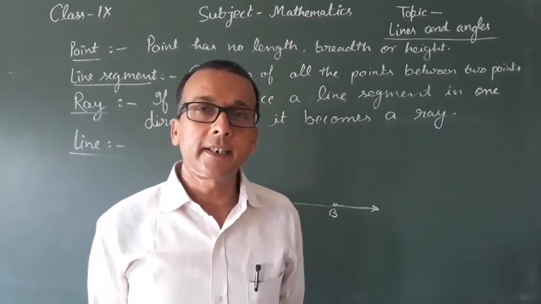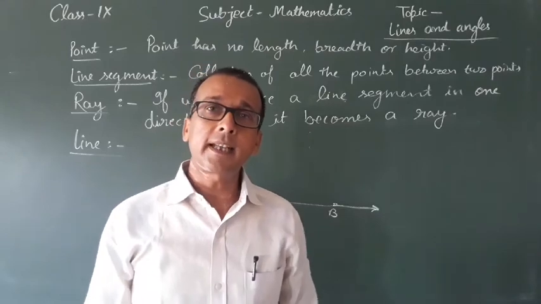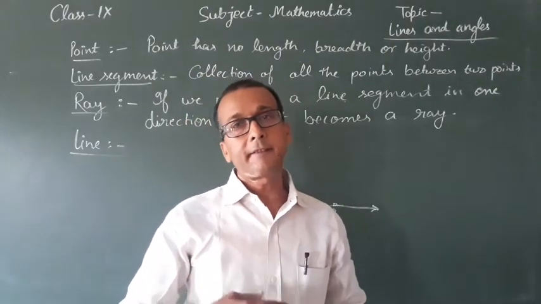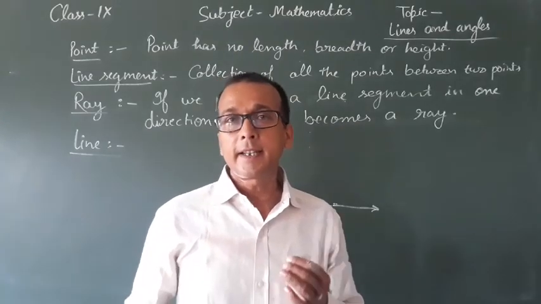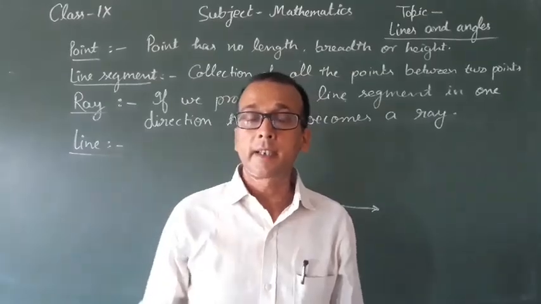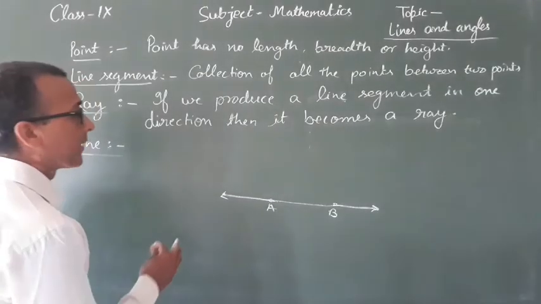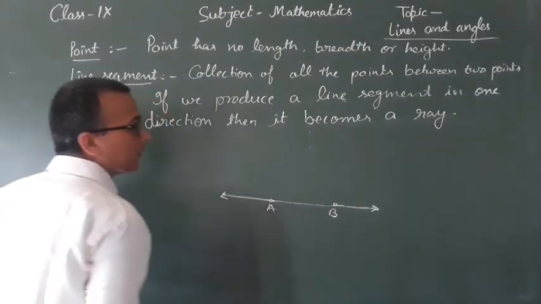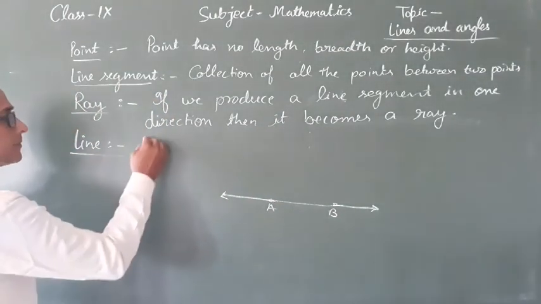You know that a number line consists of infinitely many points. It has no terminal positive point or terminal negative point. The same concept is here. If we produce a line segment in both directions, we get a line.